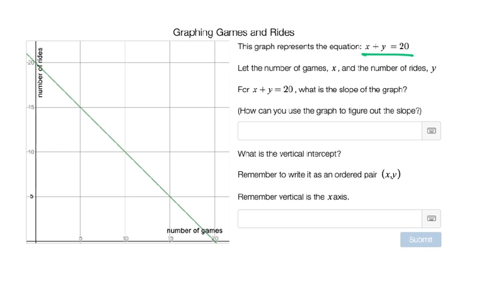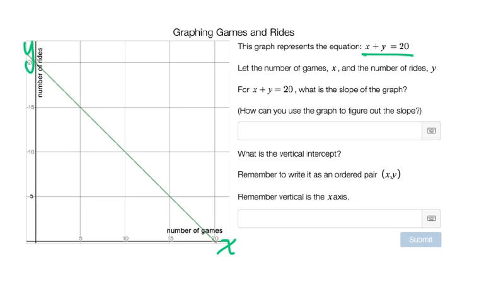It also says, again, we're letting the number of games be x and the number of rides be y. So right here, here's y, here's x. And we've got this equation, x plus y. And now it's asking us to figure out the slope. So this is where that other video that I posted would be good.